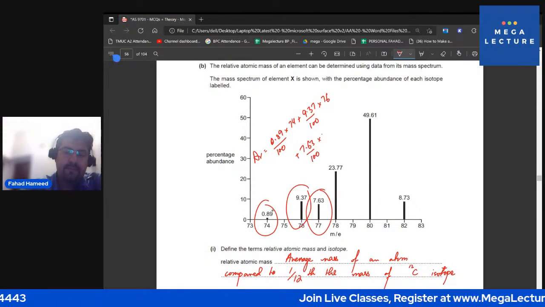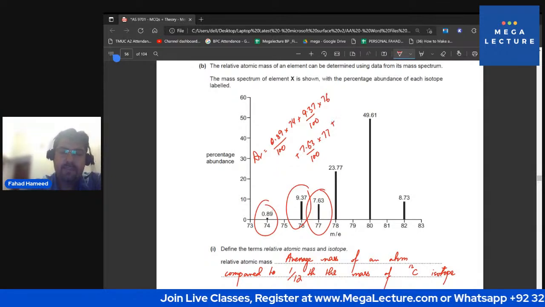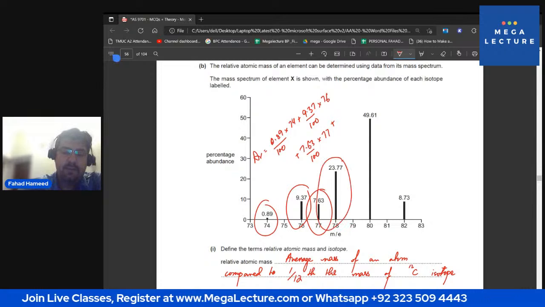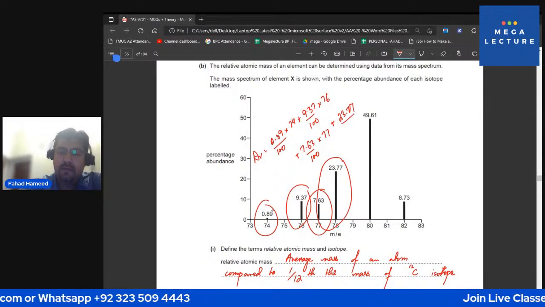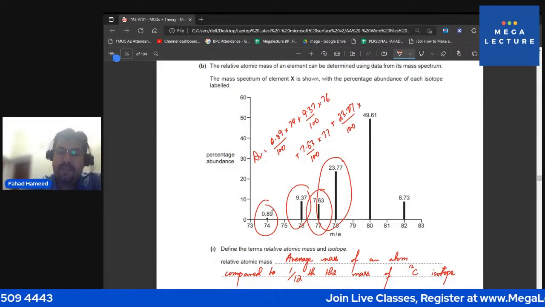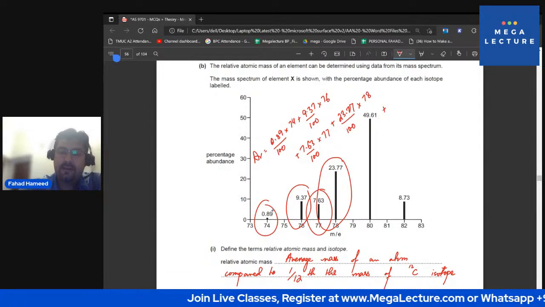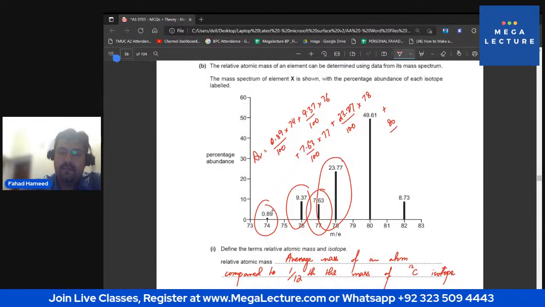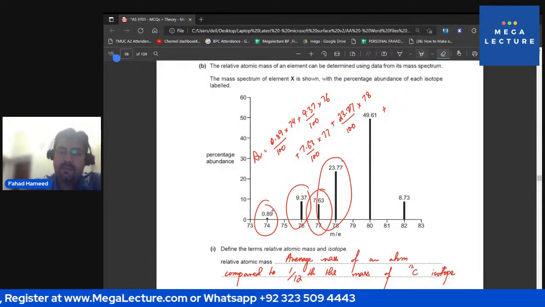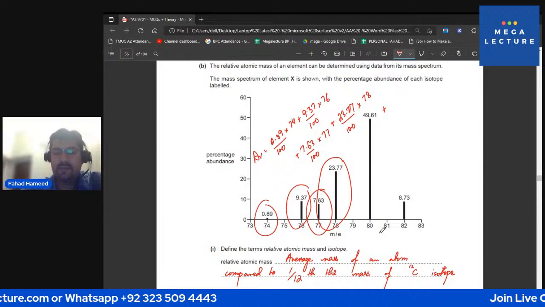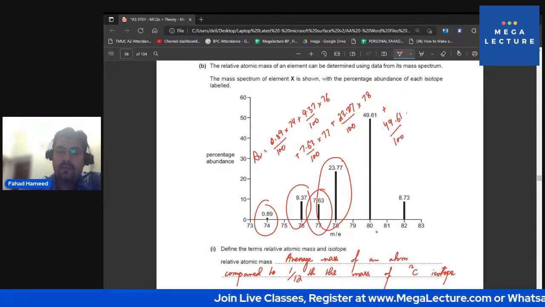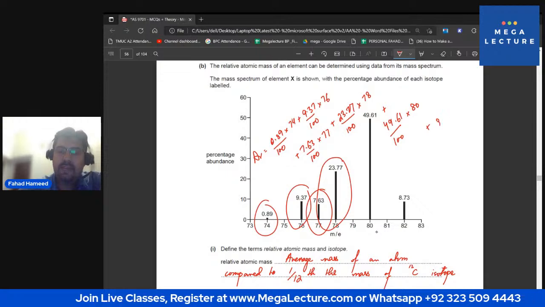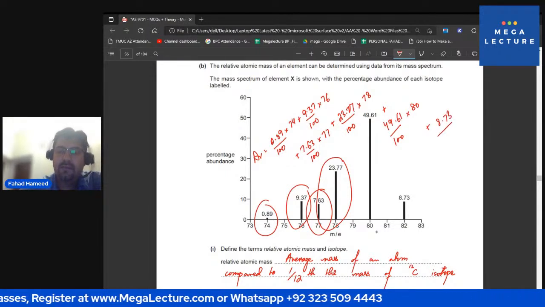divided by 100 into 77, plus 23.77% over 100 into 78, plus you've got 80, not 80 over 100, it's 49.61 into 80, plus you've got 8.73 over 100 into 82.